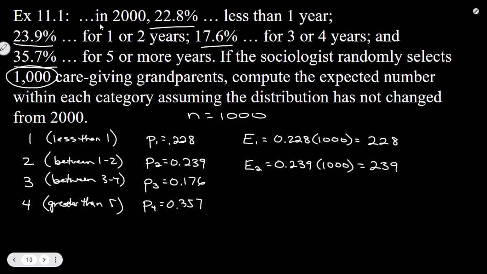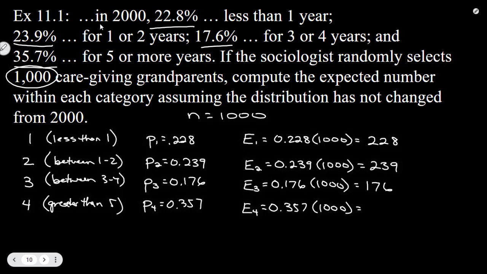That would be the expected count for that category. E3, the expected count for the third category, 0.176 times 1,000, would be 176. And finally, the expected count for the fourth category would be 0.357 times 1,000, and that gives us 357.